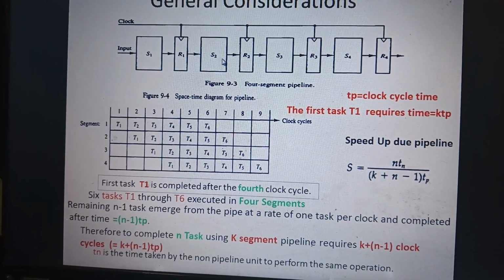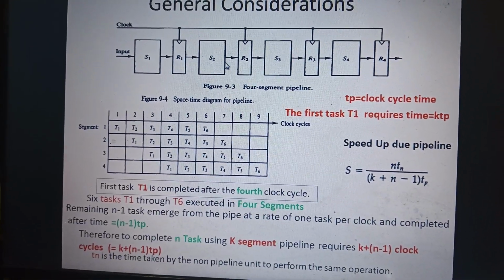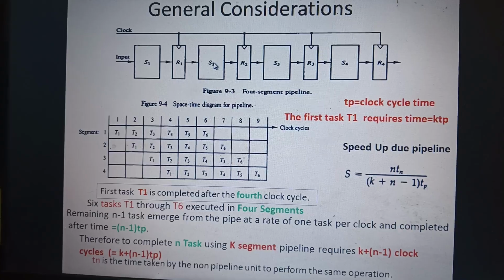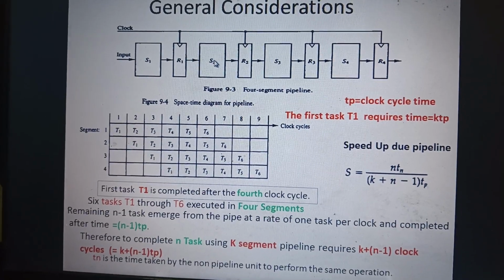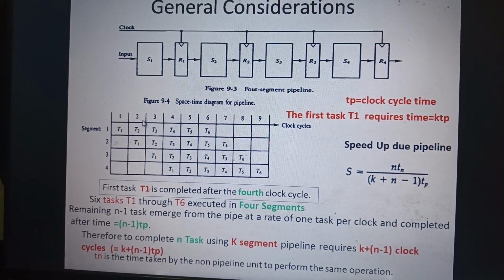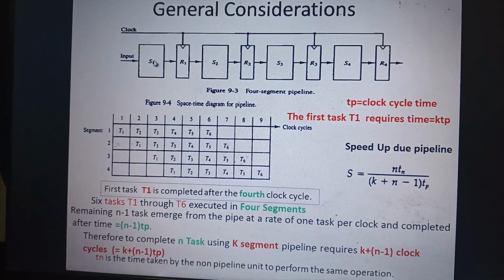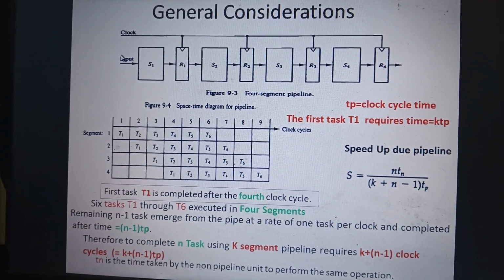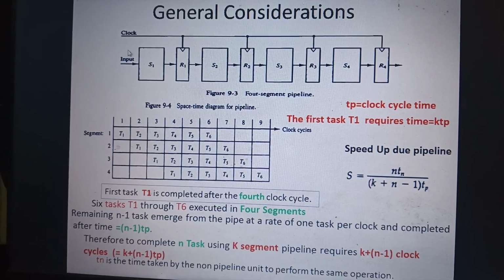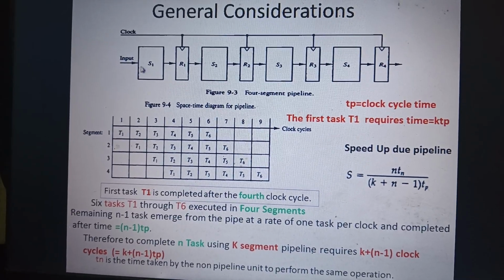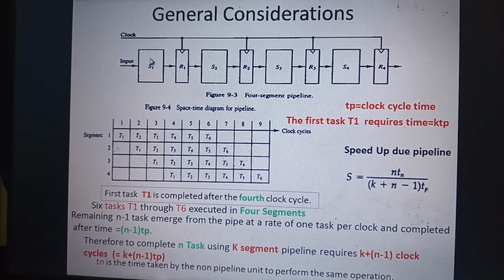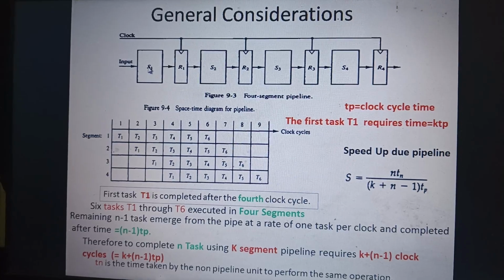So the second sub operation of task 1 is performed during the second clock period. It is shown here. At that time, S1 will not keep idle. It will take the operands of task 2 and the first sub operation of task 2 will be performed.